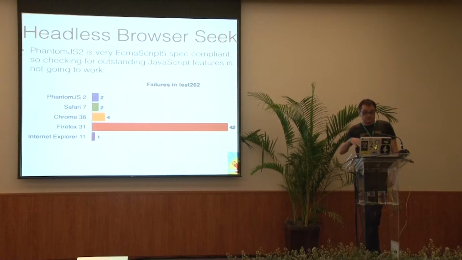Those tests might not pass forever, because later browser developers decide that it doesn't make sense to implement this feature, but the test is not going to go out of the test suite. It's just going to fail all the time.